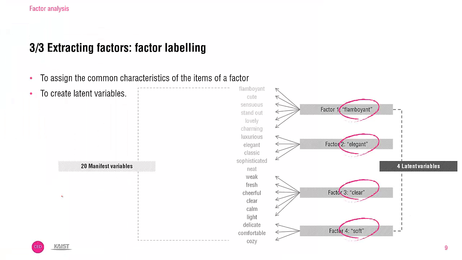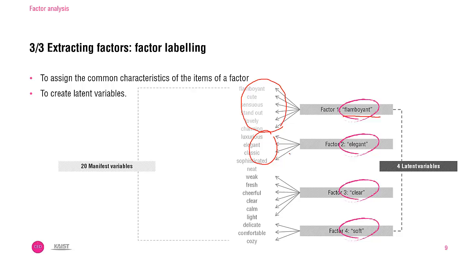As we have exercised in SPSS, when you are ready with the factors, then you need to assign the label, so the name of each factor. And the rule is that you are assigning the common characteristics of the items of the factor. So in our research, we consider all of them as the flamboyant aspect of a color. And for this, we consider that as the elegant aspect of colors.